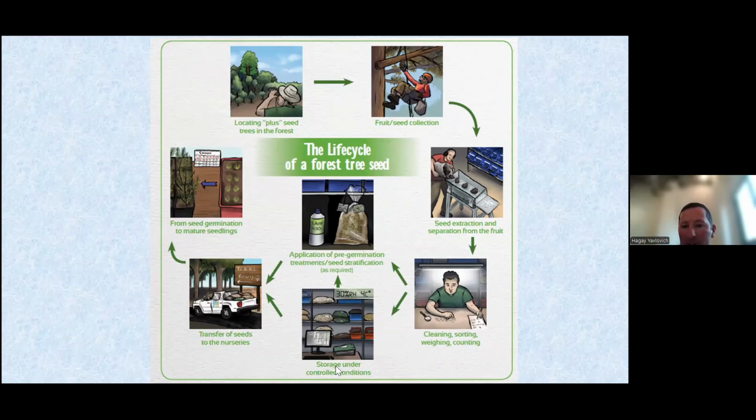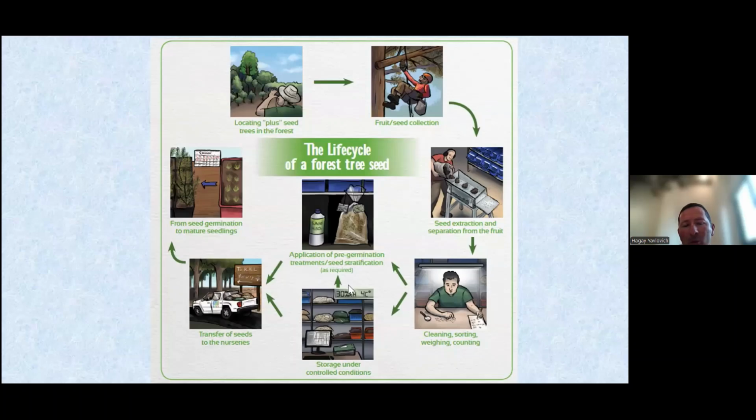Then we store them under controlled conditions, 4 degrees and 30% humidity, and then we transfer the seeds to the nurseries, and the nurseries germinate them, and then we have the best trees for the next generation.